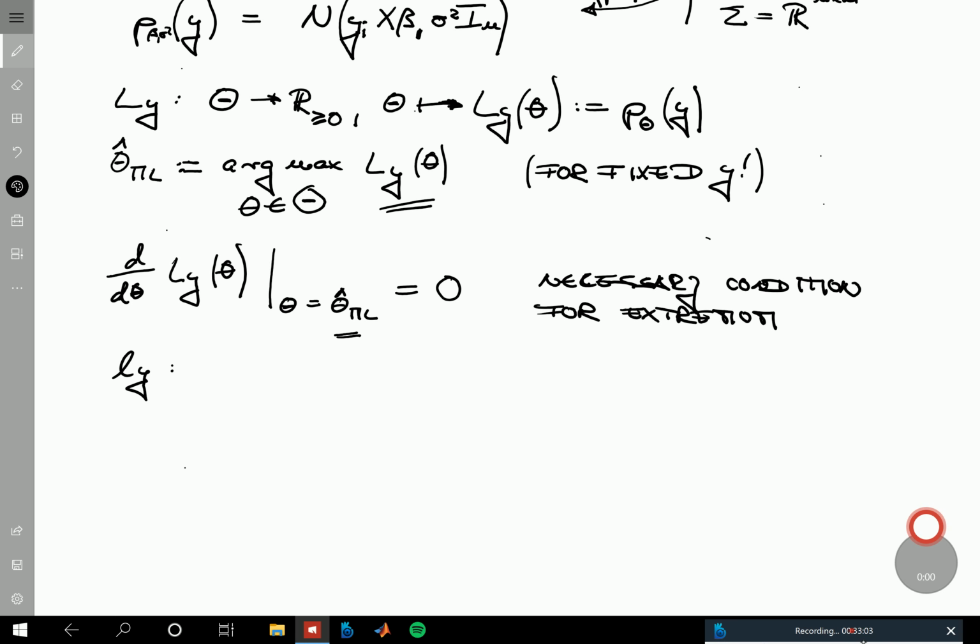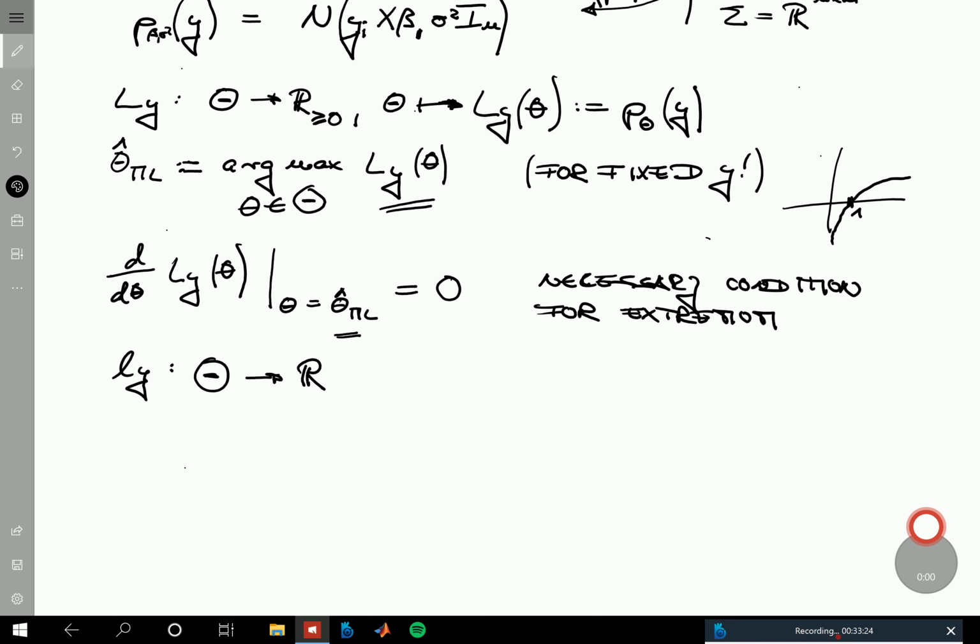So the log likelihood function is also a function of the parameters. It maps into the entire real numbers, because if you remember how the log looks like, this is 1.